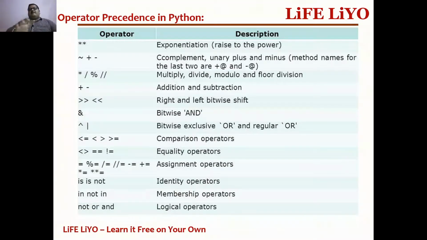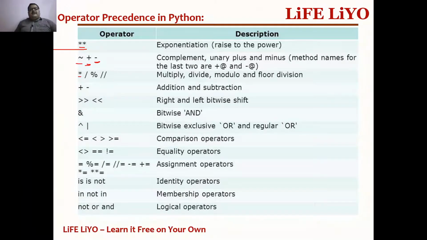So this is the operator precedence chart we have. The highest operator precedence is the exponential. Then complement, unary plus, unary minus.